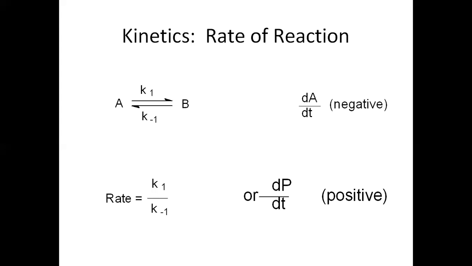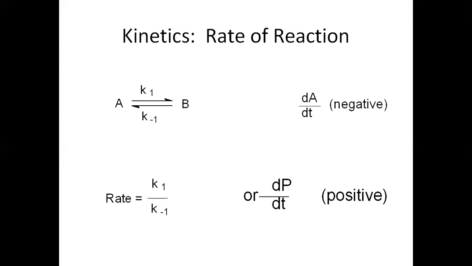The ratio is k1 divided by k-1. If we are measuring the destruction of substrate, our ratio would be a negative number. And if we were measuring the appearance of product, it would be a positive number.